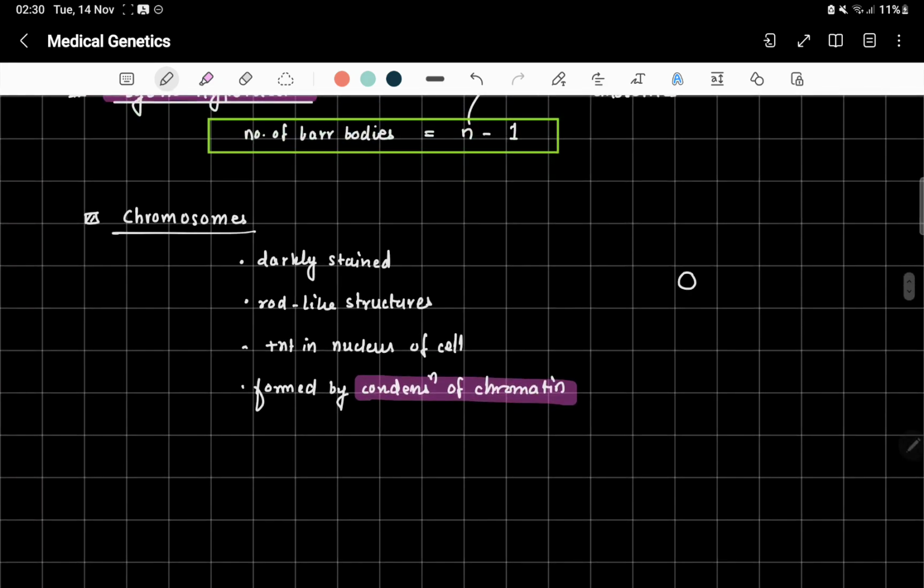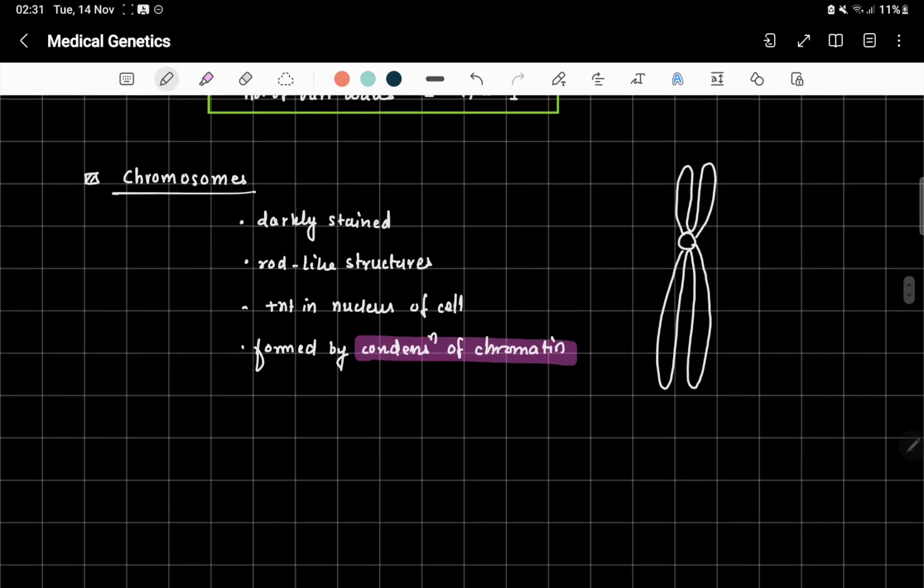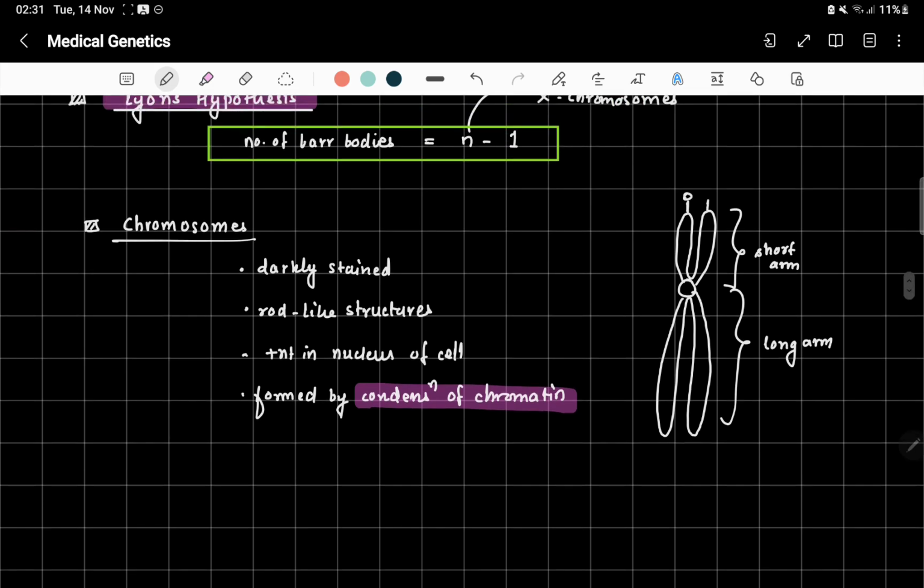Let me draw the structure. Here we have the chromosome. This is the long arm, and here we have the short arm. Here you have two satellites.